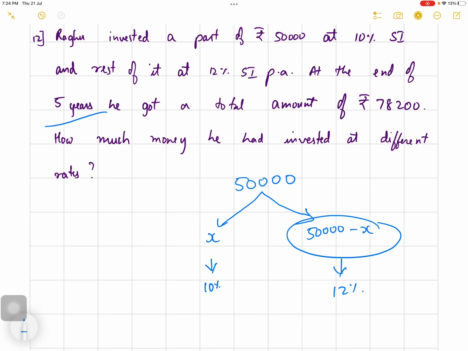At the end of 5 years he got a total amount of 78,200. He invested 50,000, so the total simple interest he is getting is 28,200.